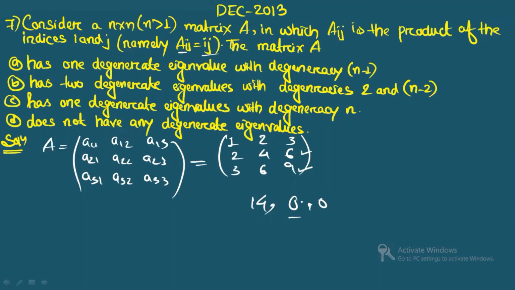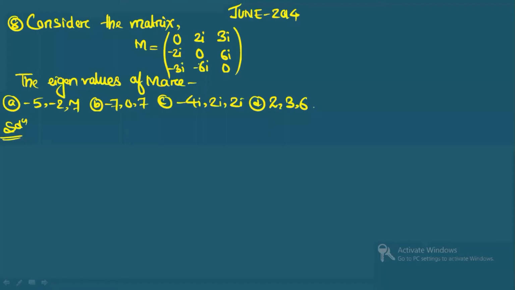Yes or no? So in general, for an N by N matrix, it has a degenerate eigenvalue with degeneracy N minus 1. So the correct option is option A: has one degenerate eigenvalue with degeneracy N minus 1. Clear? So now let's see question number 8.